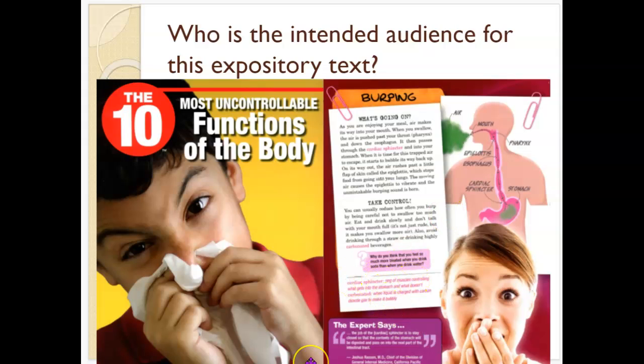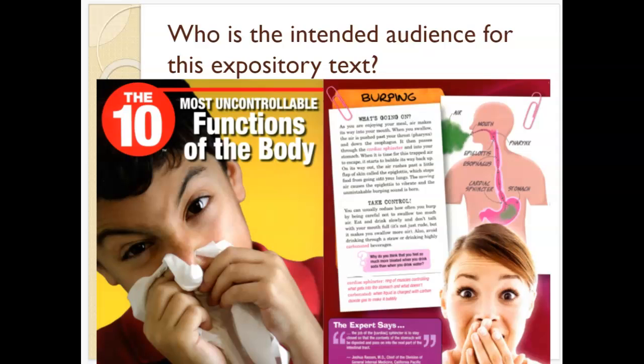So I would say that the intended audience for this expository text would probably be middle school, intermediate school. And if I actually read the text, I'm going to notice that there are key terms that are defined, and the word choice is very much written for a younger audience. So I can look at this and tell that my audience is younger.